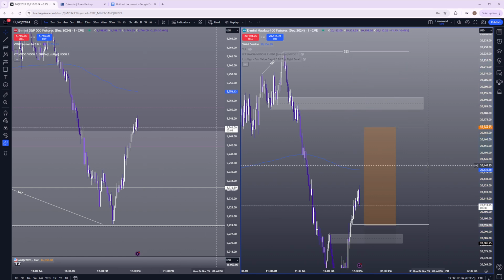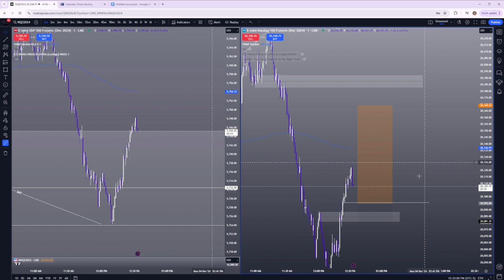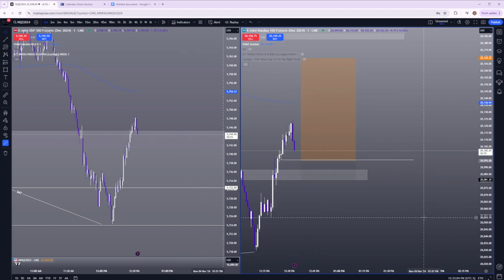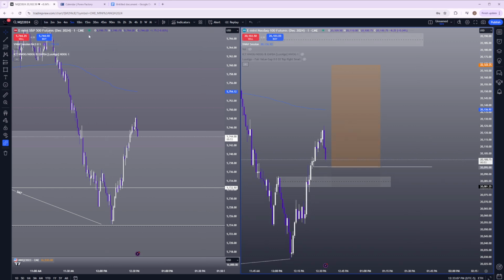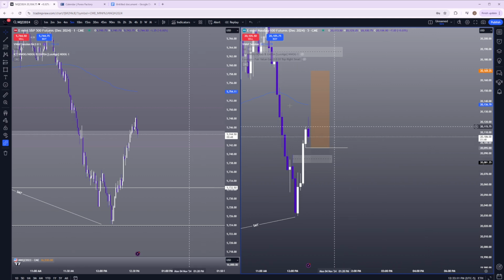That's over 500 ticks. So if the longs do really step in, this might be one that I just hold on to for a long time. All right, let's see if we can trade back into this 5-minute here. Get a nice bounce off the 5-minute.